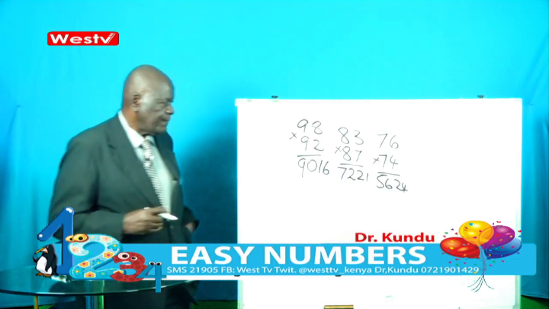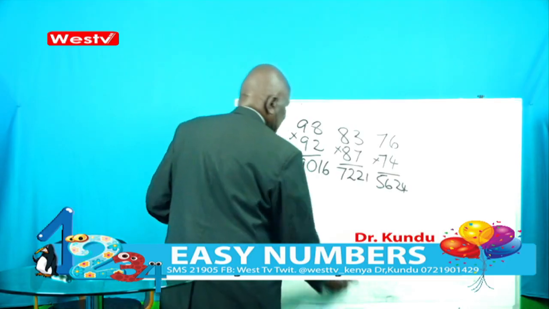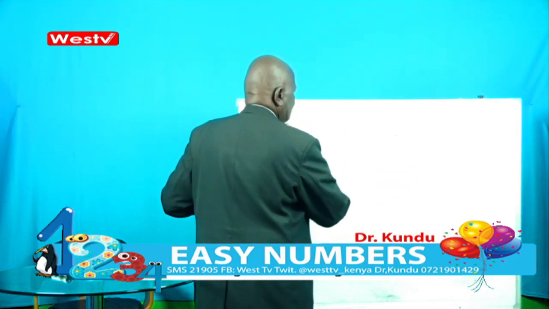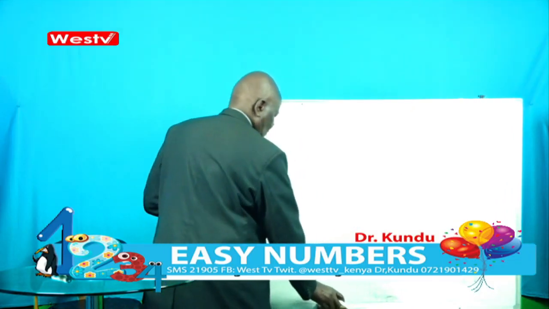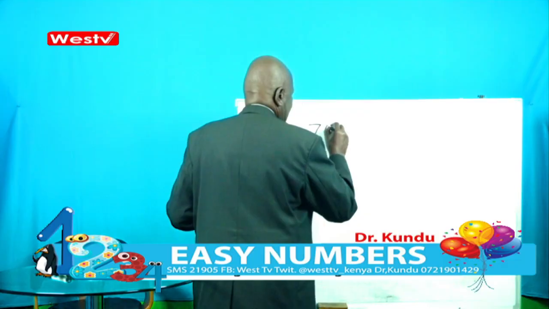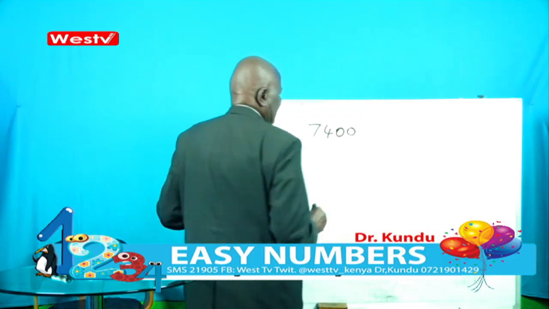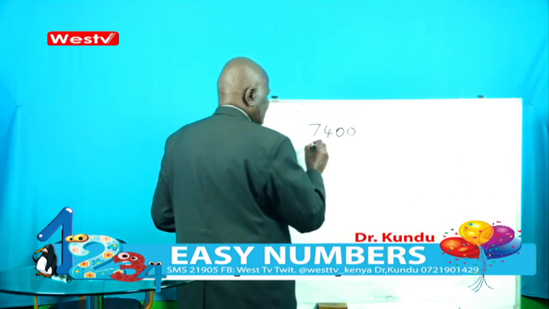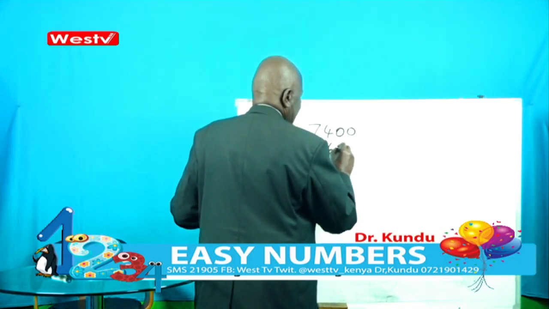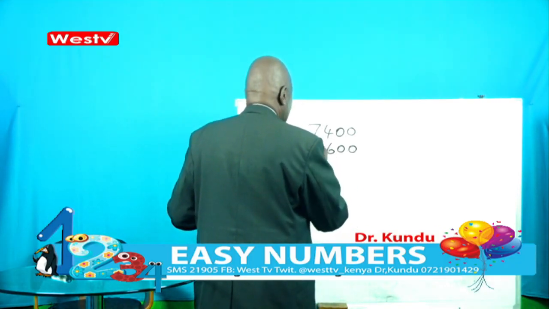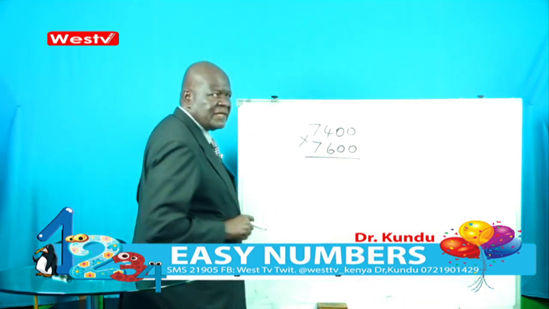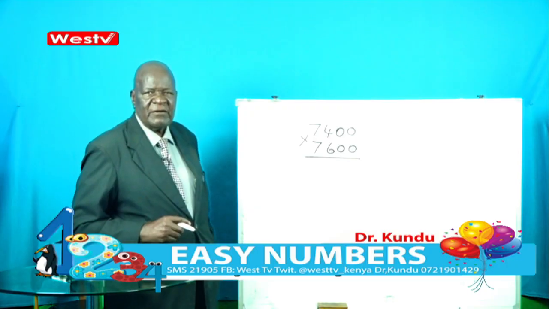So that when somebody gives you a bigger problem to solve, basing on the same composition, that 7,400 multiply this one by 7,600, and then you start wondering that this is a very large problem. What am I going to do?